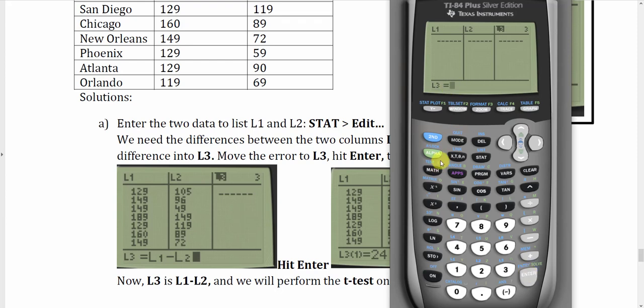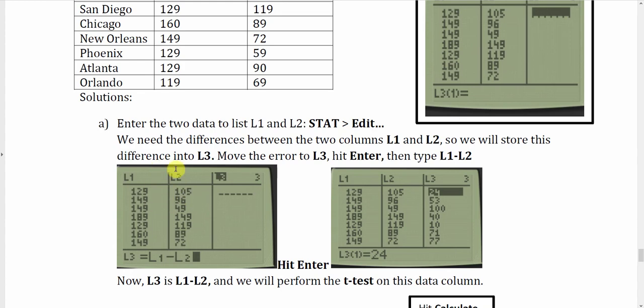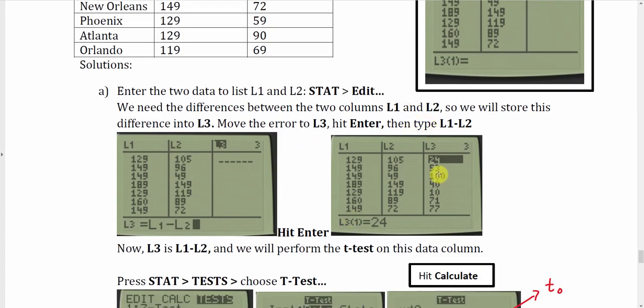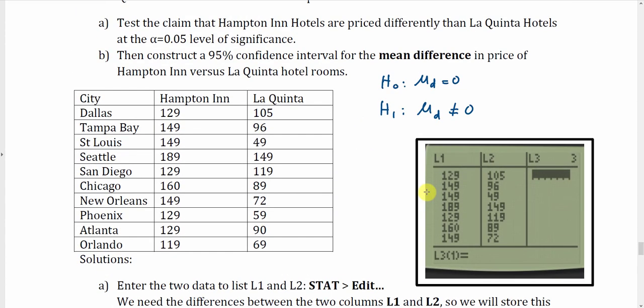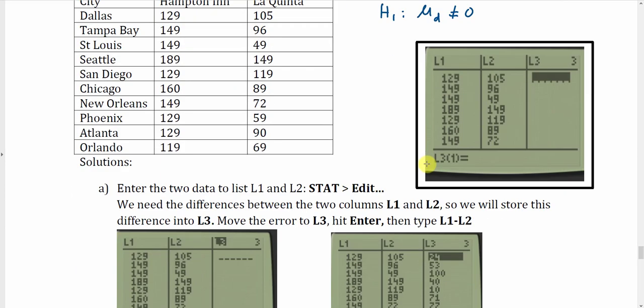And here you're just gonna type L1, which is this blue button right here, so you have to use the second L1 subtract second L2 to get the L2 letters. So L1 subtract L2 and just hit enter. Because I did not have any data points here, that's why I got the errors. But once you do that, you should be able to get the column L3 for the D, the little d.